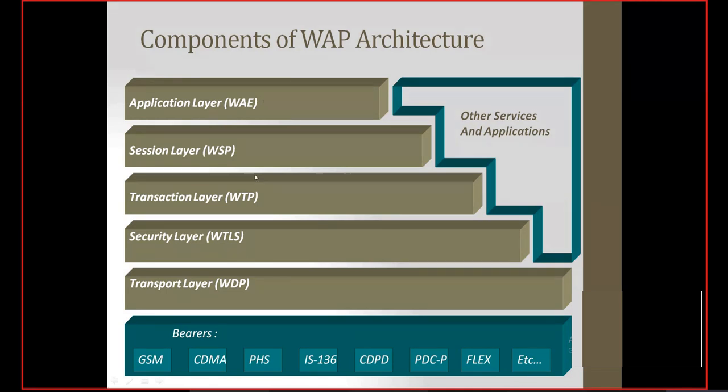All other layers perform the task of uplifting whatever information is accepted from the bearers, like all different communication mediums like CDMA and all. This information has to be presented through the application layer, and that is why the content development part is in the application layer. So we are going to focus on this layer specifically. Fine.